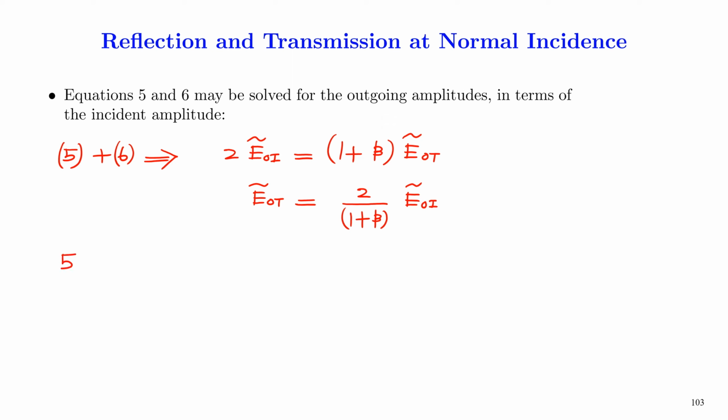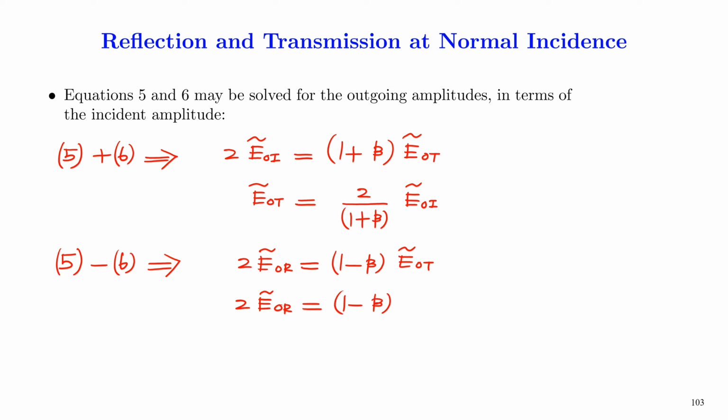Now let us have equation 5 minus equation 6. This gives us 2 times E_0R equal to (1 minus beta) times E_0T. When we simplify, we have 2 times E_0R equal to (1 minus beta), then in place of E_0T, we'll write 2 over (1 plus beta) times E_0I.